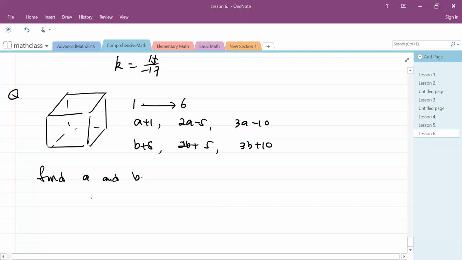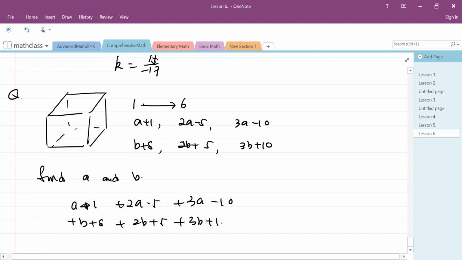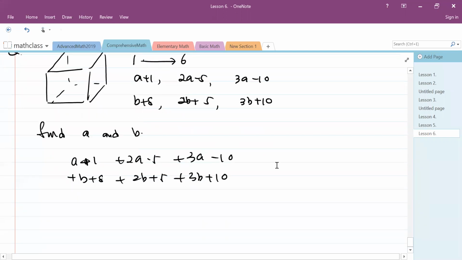So the first thing I can try is just add all the numbers together, and I think it'll make it easier. So it's going to be a plus 1 and 2a minus 5, 3a minus 10, and plus b plus 8, 2b plus 5, 3b plus 10. So you will see all of them cancel out. How many a's do I get? I get 6a, 6b, and I get a 9.